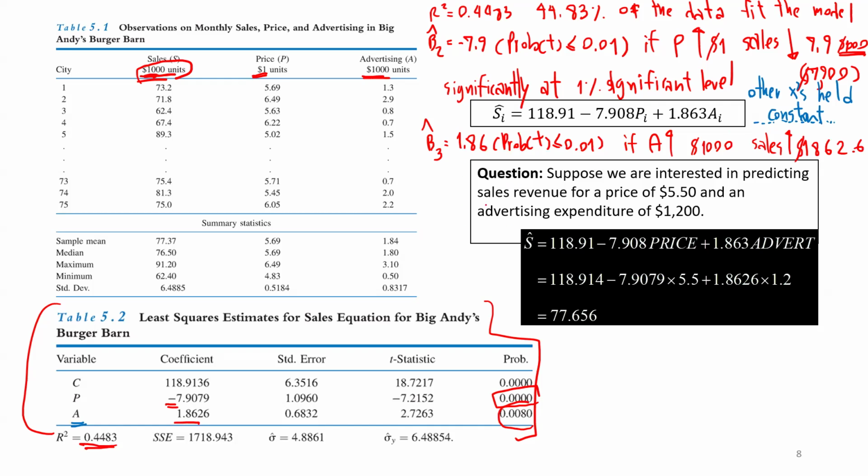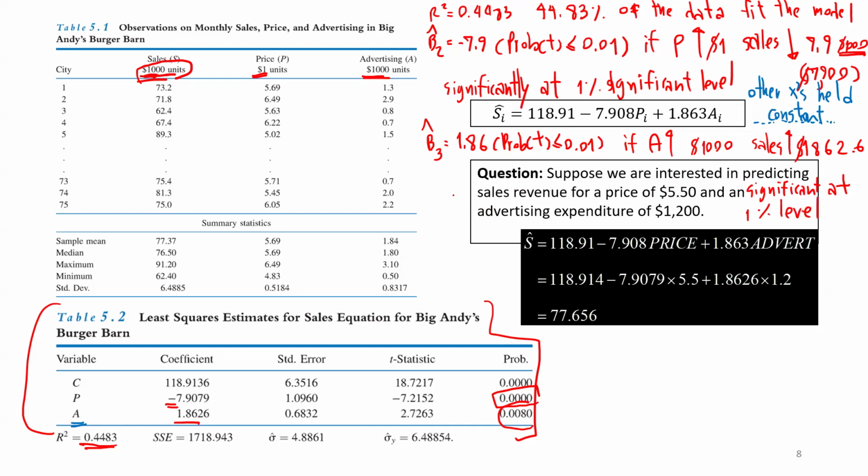And you have to write that it's significant at the 1% level.